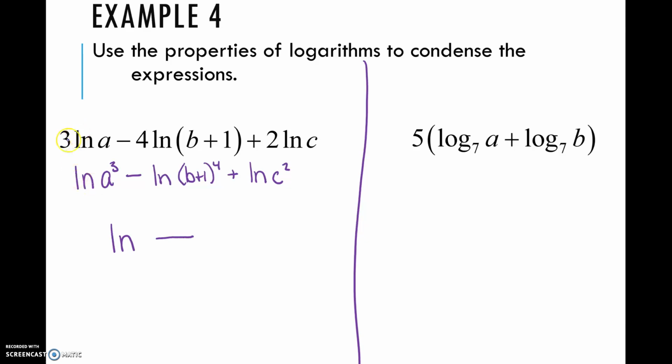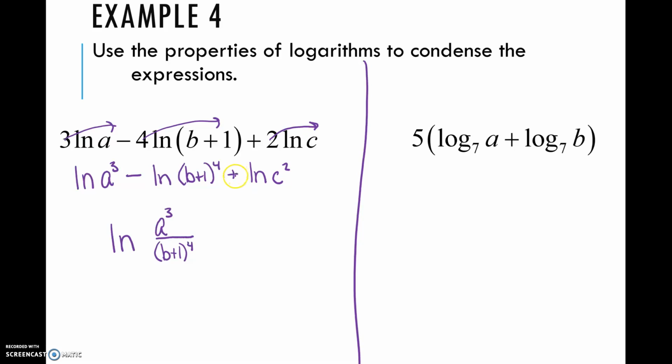Your first step is to move each coefficient back as an exponent. And then I see subtraction, so I know that there's going to be a top and a bottom inside my condensed log. A to the 3rd is in a positive log, so a to the 3rd is going to go on the top. B plus 1 to the 4th is inside a negative log, so b plus 1 to the 4th is going to go on the bottom.